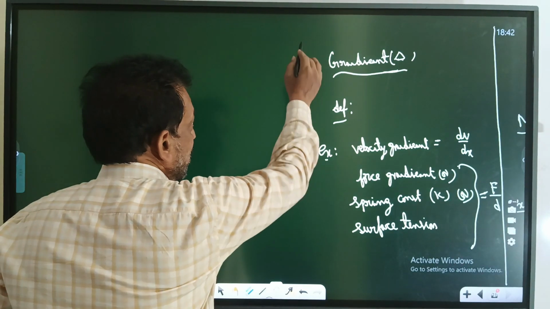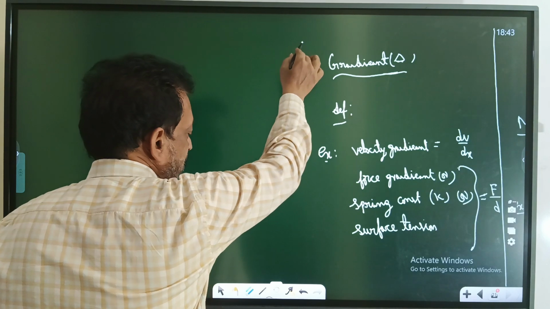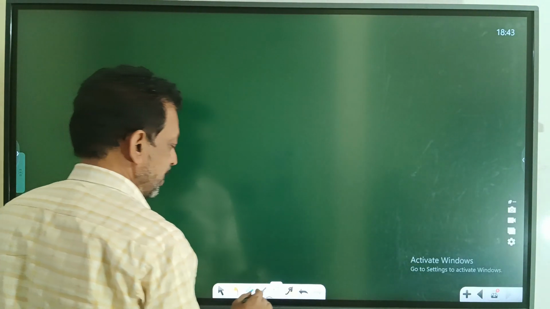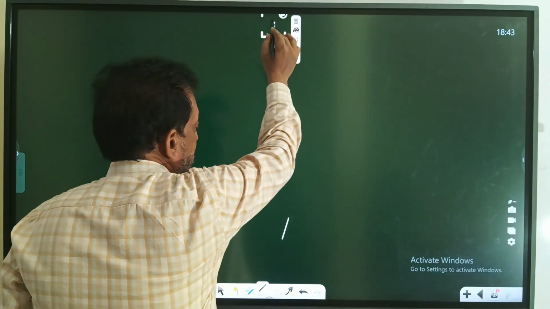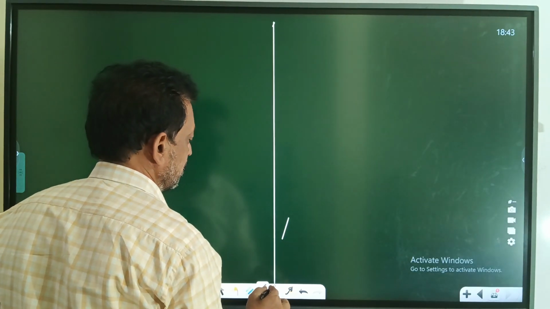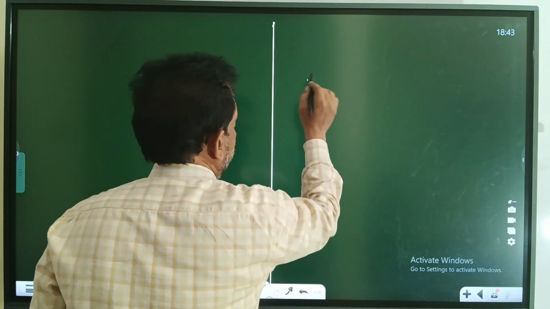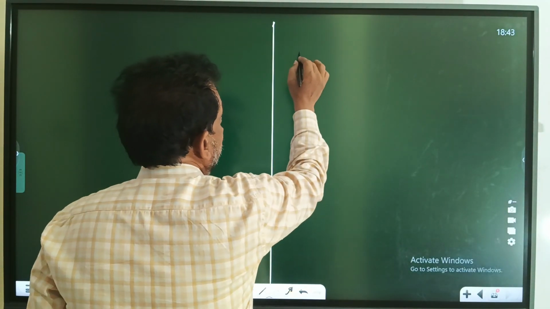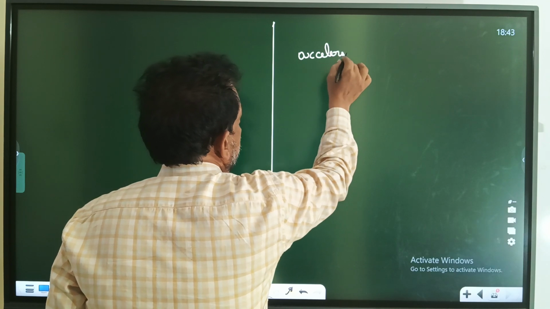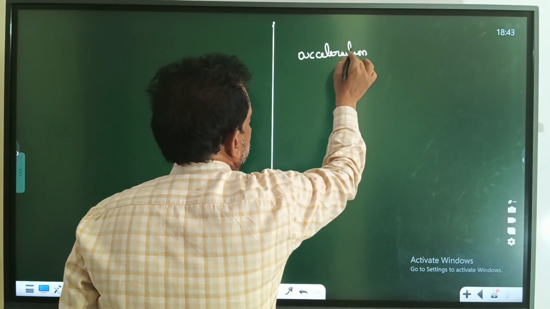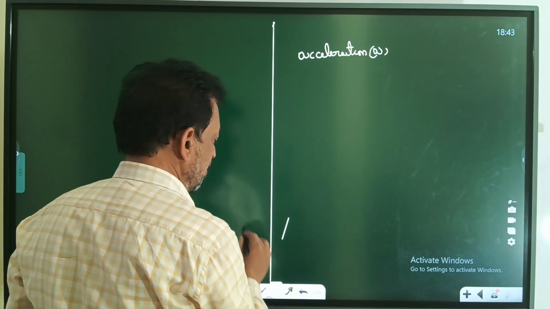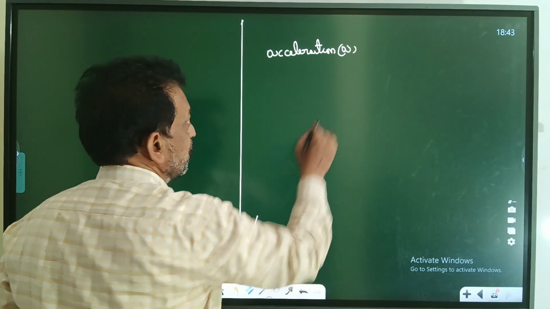Now you can write acceleration. Next, we go to the dimension formula of acceleration. Write up the dimension formula of acceleration. So, what is acceleration?